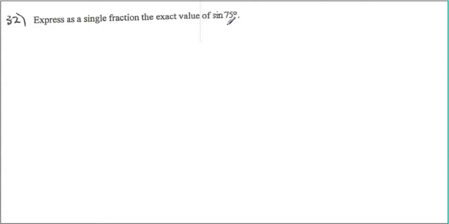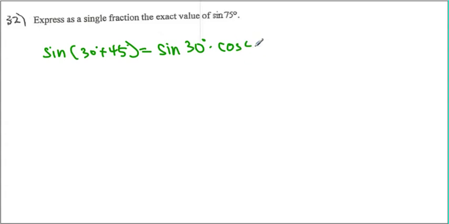Exact value of sine of 75. Sine of 75 is essentially equal to sine of 30 plus 45. Now, assuming that each one is degrees, this basically means sine of 30 degrees times cosine of 45 by the formula, plus sine of 45 degrees times cosine of 30 degrees.